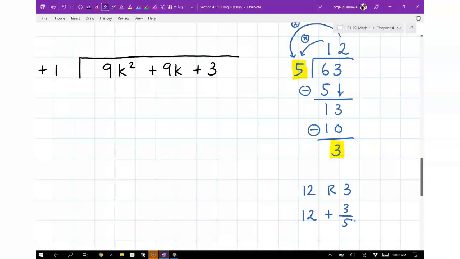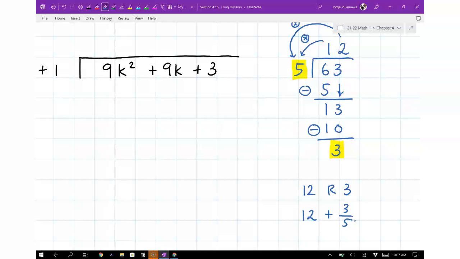Your remainder is 3 out of the 5. Okay? And that's how you would write your answer, 12 plus 3/5, or 12 and 3/5 if you want to write it that way. But 12 plus your remainder. Okay? We're going to do the exact same process in long division.